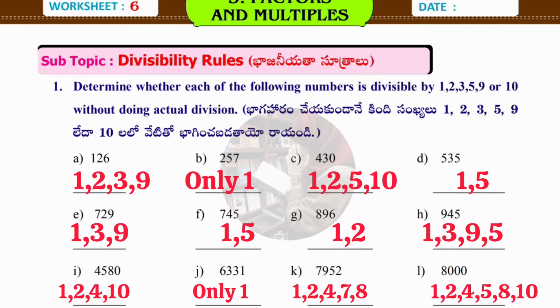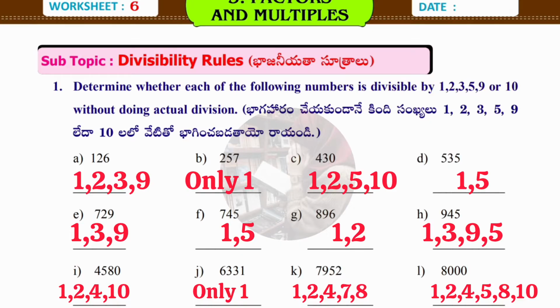Next number is 729. It goes in the 1 table, 3 table and 9 table. Next number is 745. So 745 is divisible by the 1 table and 5 table. Next number is 896. This number is divisible by 1 and 2.